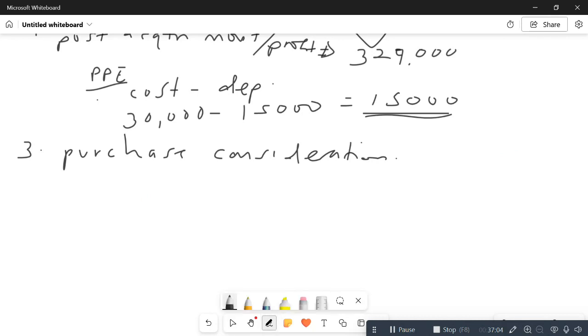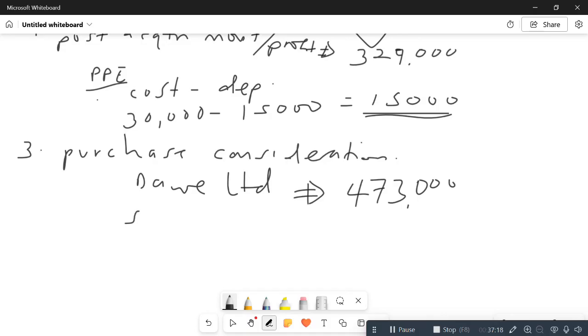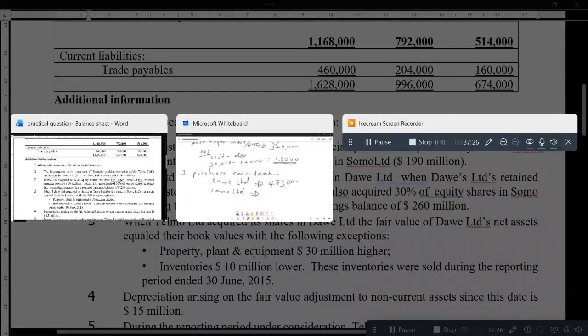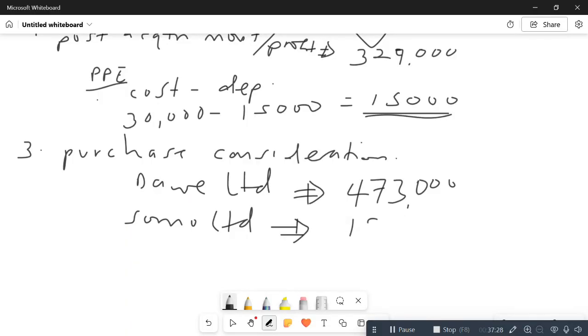For Dawe Limited it is 473,000. Then for Somo Limited it is 190 million.